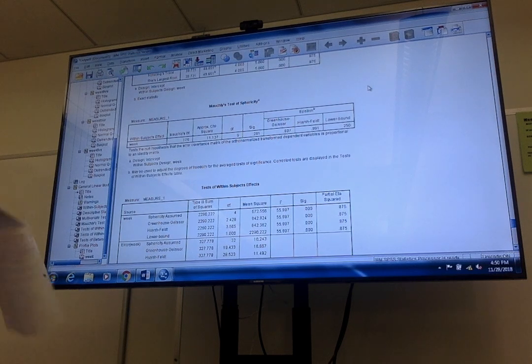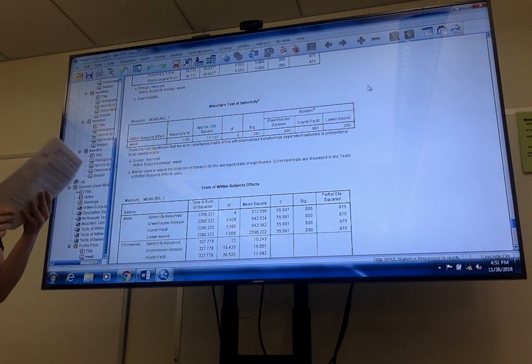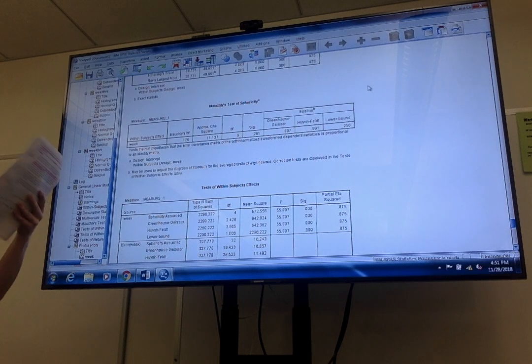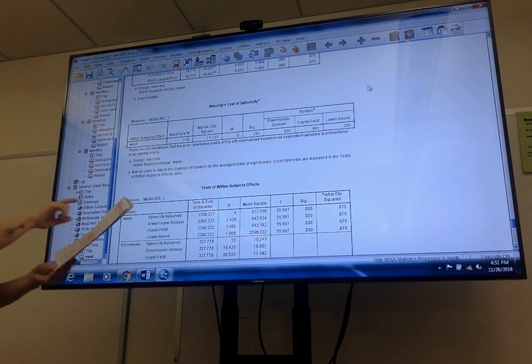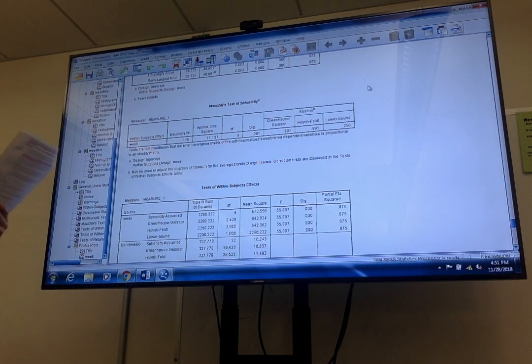If you look at page 3 in here, it has a crib sheet for how to read the GG epsilon, with some ranges. If it's closer to 1, you can use the sphericity assumed row.